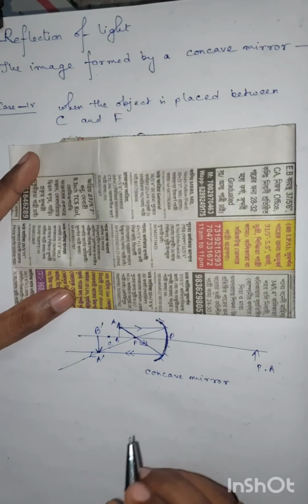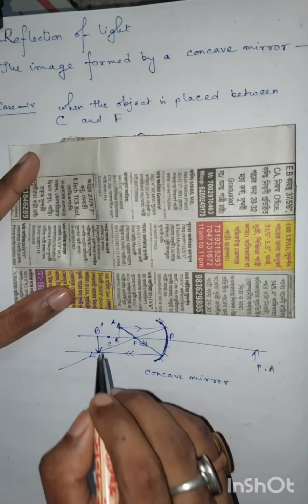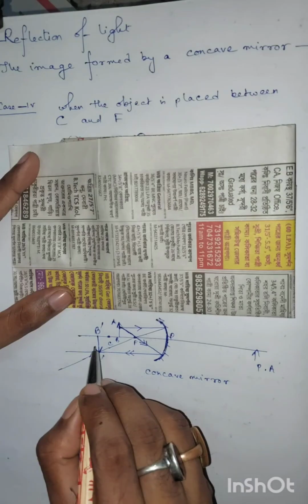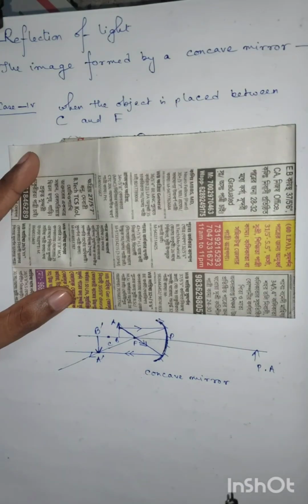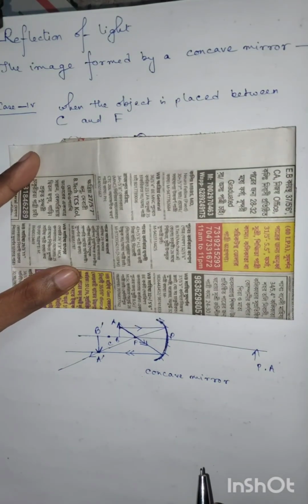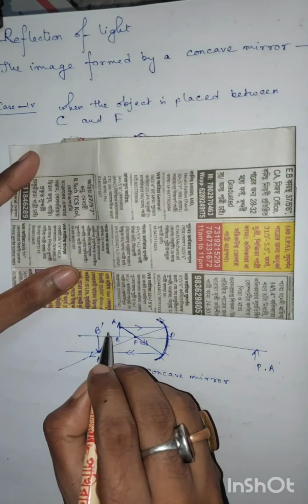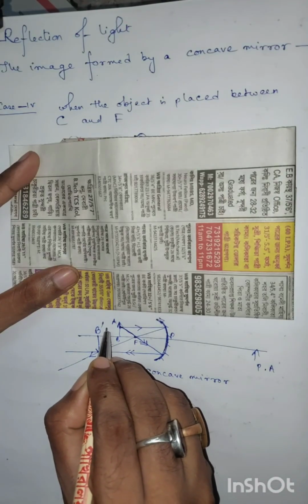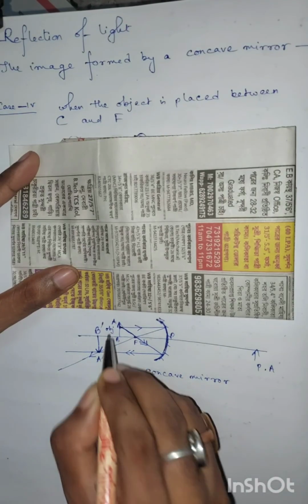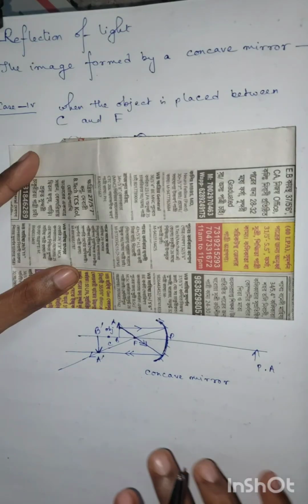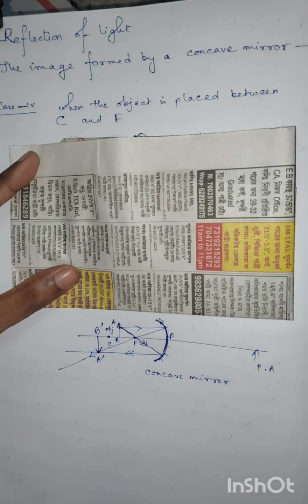AB is our object, and A dashed B dashed is our image.